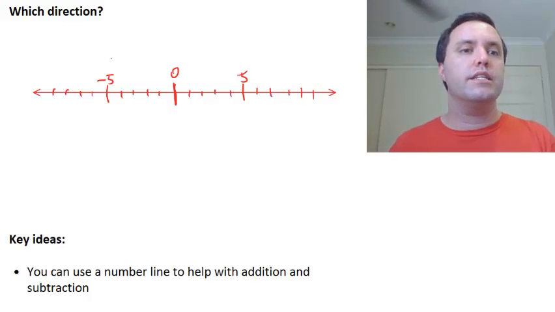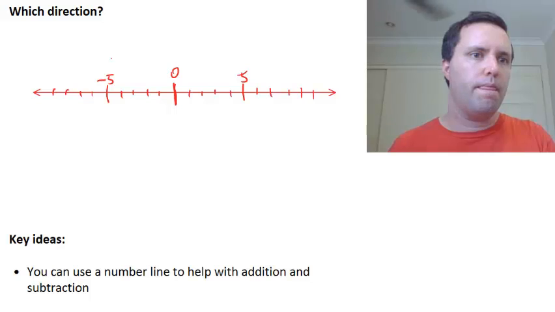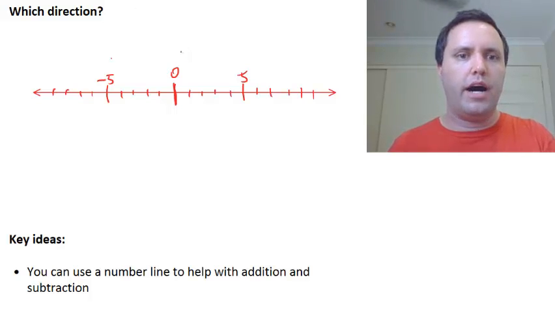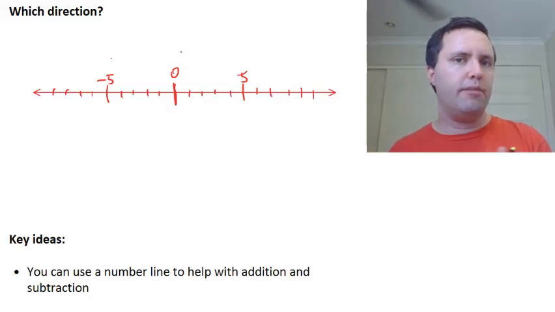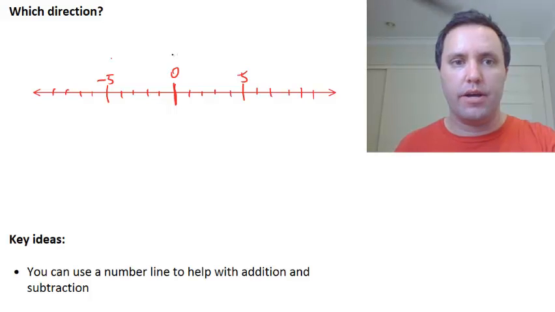Now, usually when we're looking at a number line like this and we're doing addition and subtraction of integers, if we were asked to add one number to the other, you will usually go this way. So if we're adding, we usually go this way.